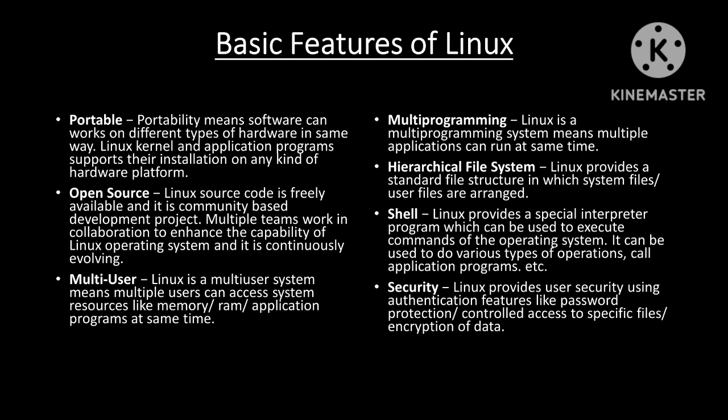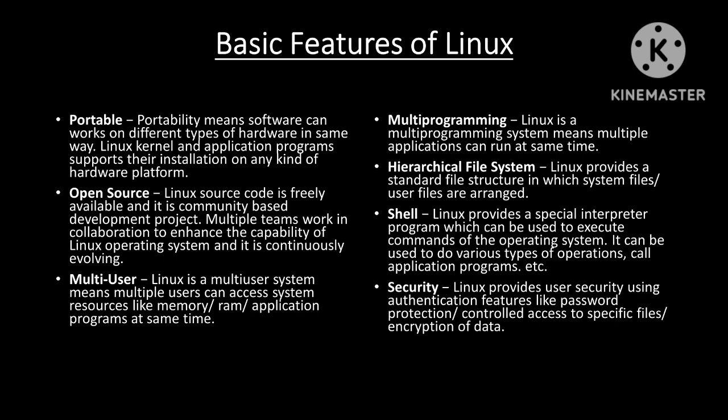Linux is a multi-programming system, meaning multiple applications can run at the same time. Then the number 5 feature of Linux is the hierarchical file system. Linux provides a standard file structure in which system files or user files are arranged so that through the operating system one can easily access those files.